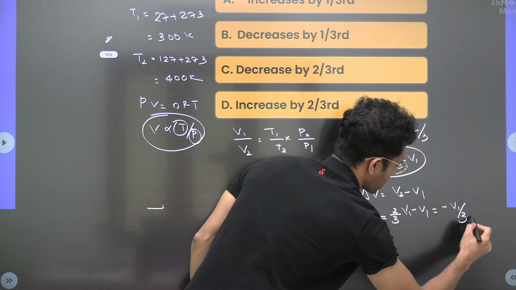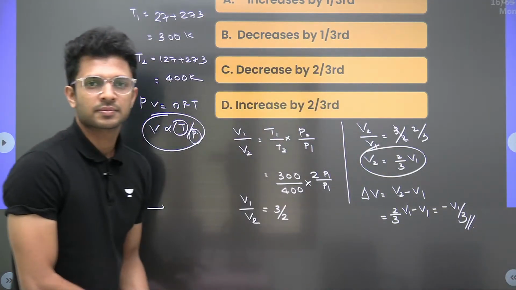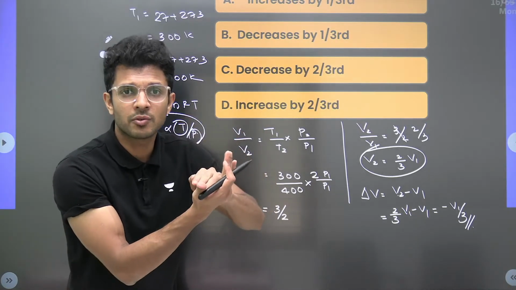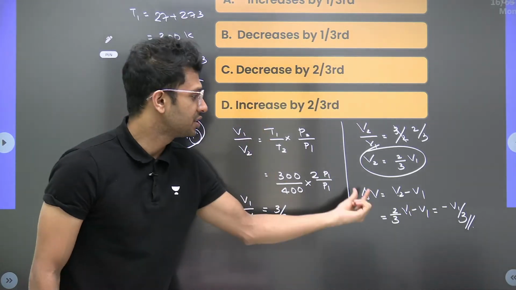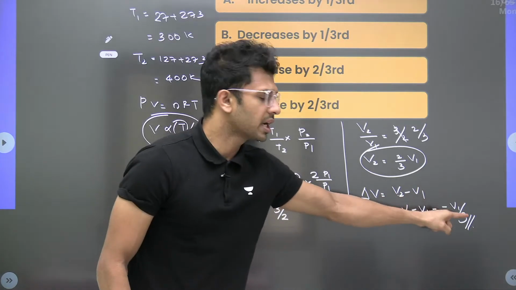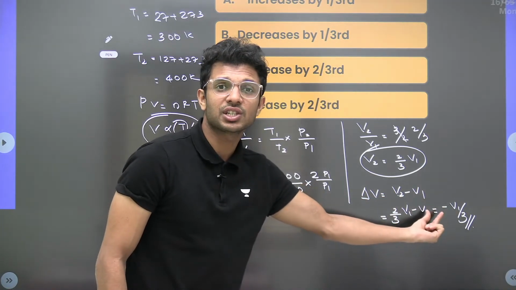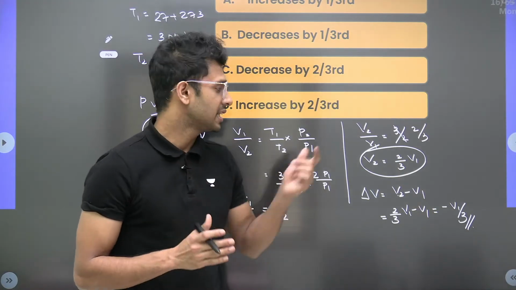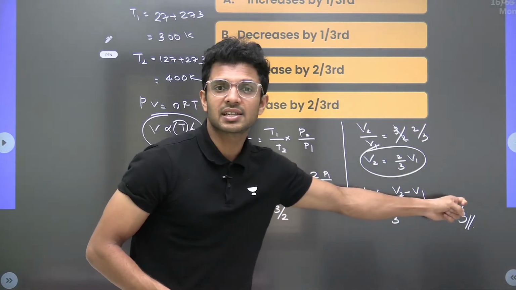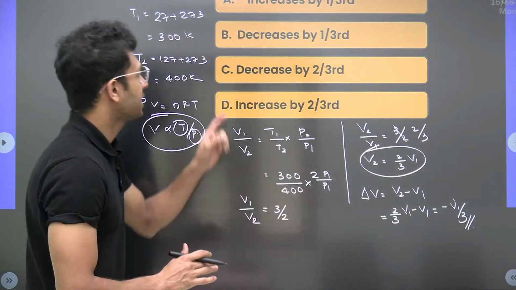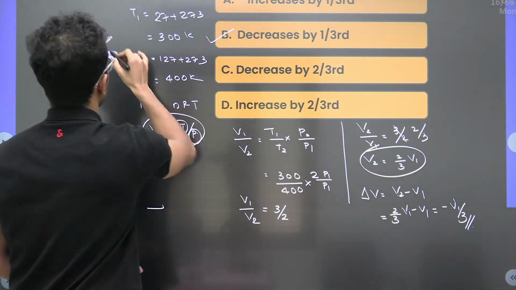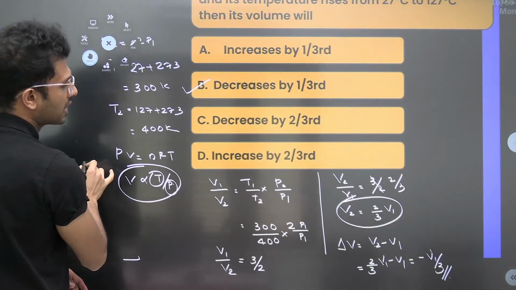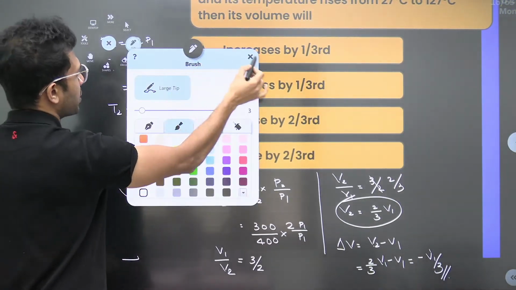Minus V1 by 3. The change in volume, when the volume has changed from V1 value to V2 value, the change in volume is V1 by 3. And the negative sign says that the volume is being decreased. Matlab, the volume is being decreased by a value of 1 by 3, and that's why we have the option B as the answer. And I hope you all understood what is the mistake you all have made.